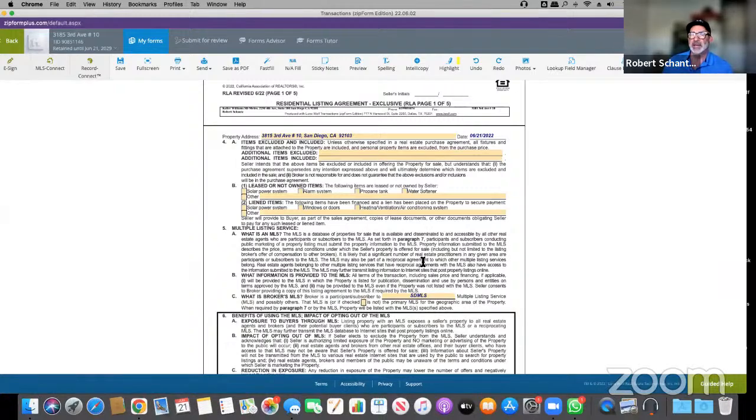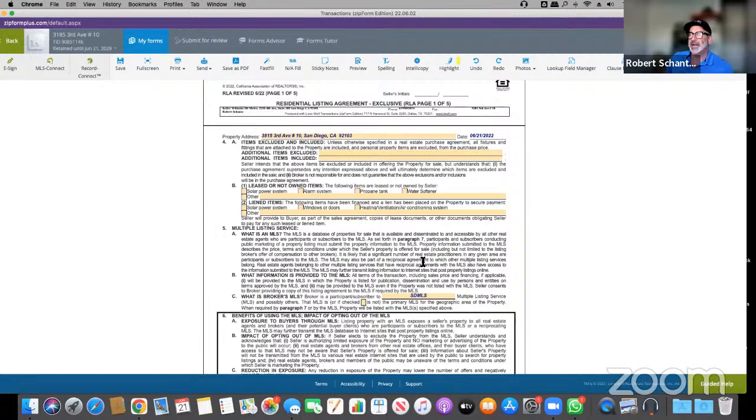So when we have this section called included and excluded, excluded would be something that would be real property that the seller wants to take with them. So it's clearly defined if it's attached to the property and the seller wants to take it with them, or if there's any question whether it's real or personal. So I'll give you an example of what could be excluded: the washer and dryer. Most sellers, at least in California, not in Chicago, but in California, they take their washer and dryer with them.